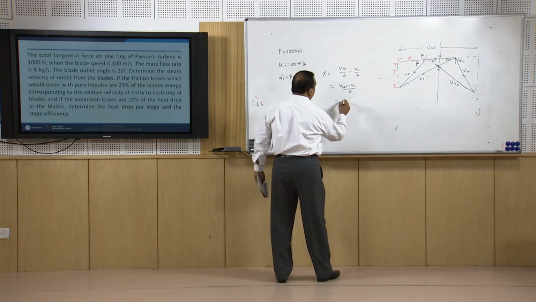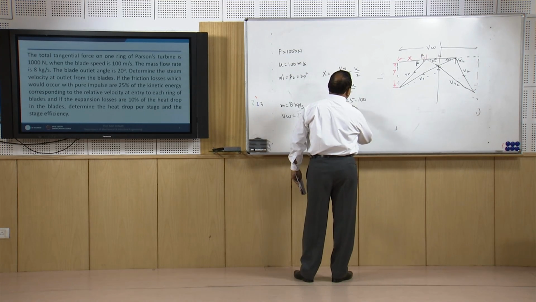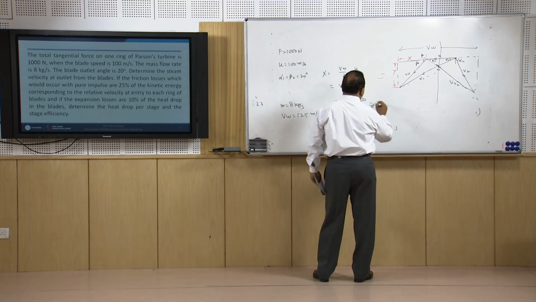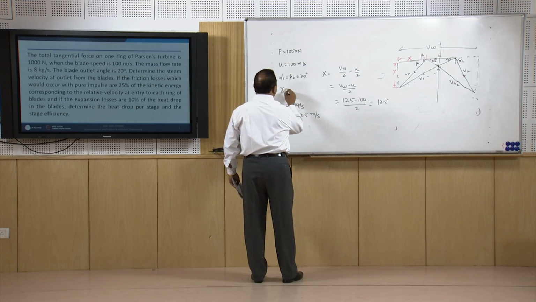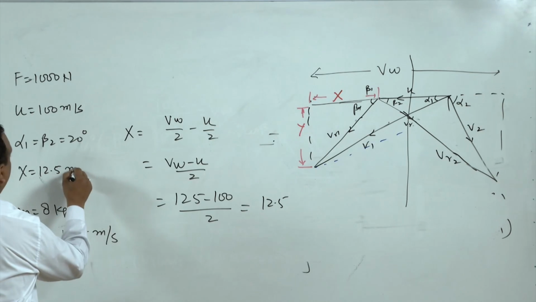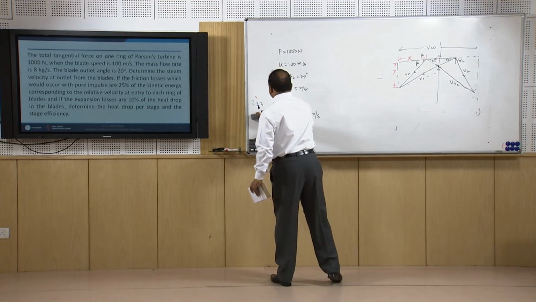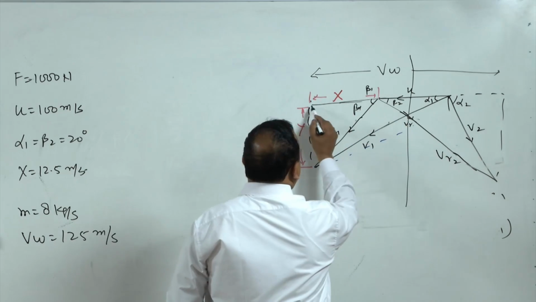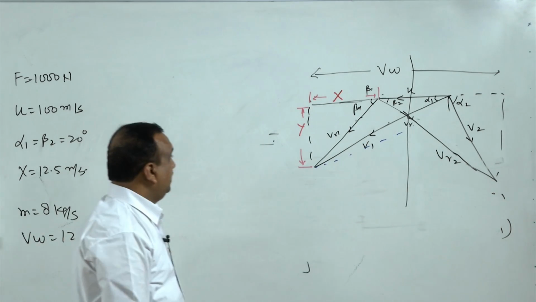VW is 125 and U is 100, divided by 2, and it is going to be 12.5. So, x is 12.5.